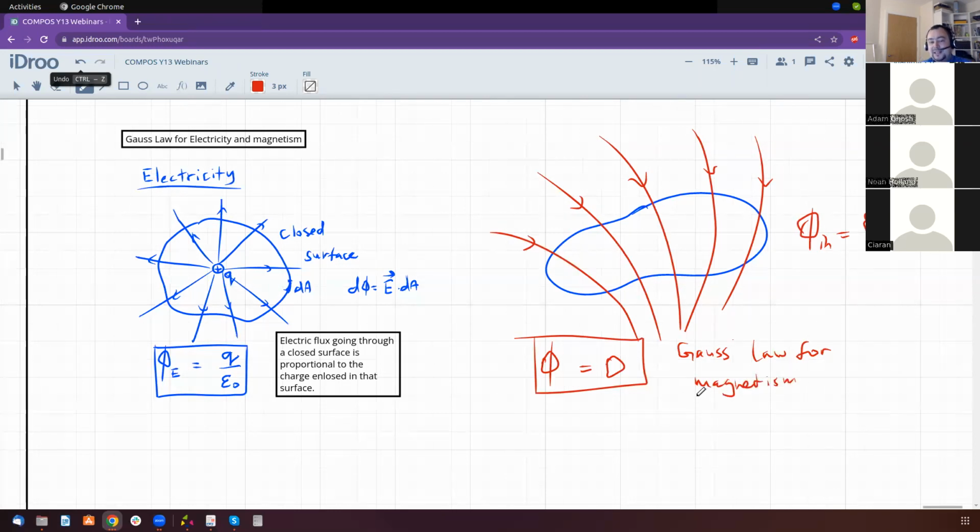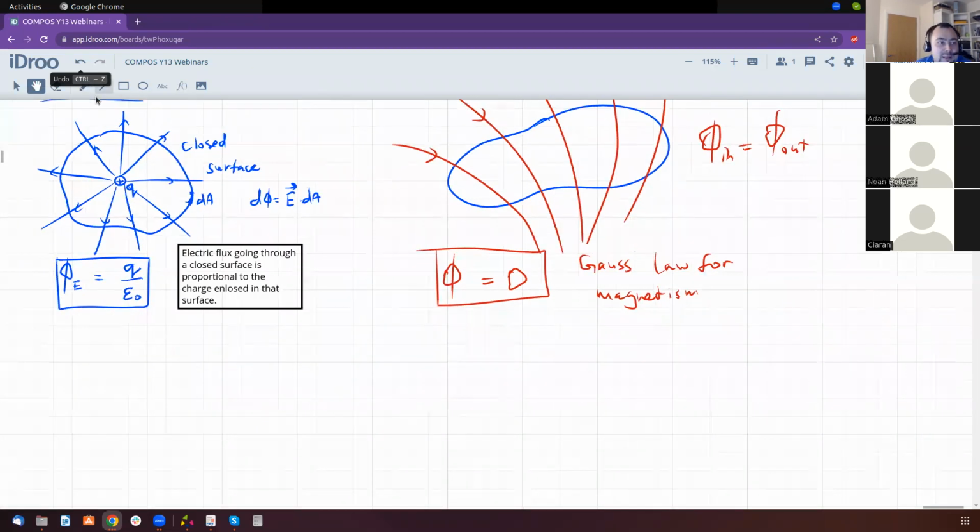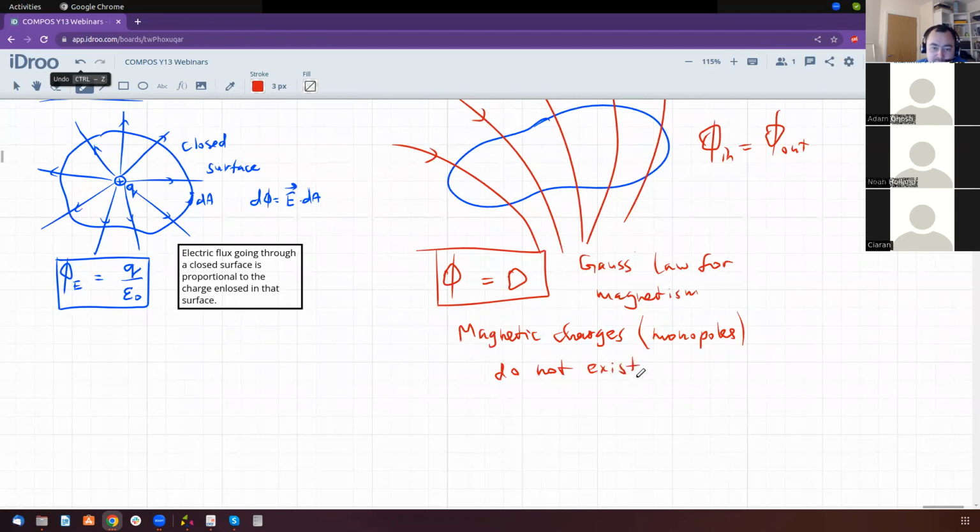This is basically saying that magnetic charges, magnetic monopoles, do not exist. So you can't have just a north magnet.